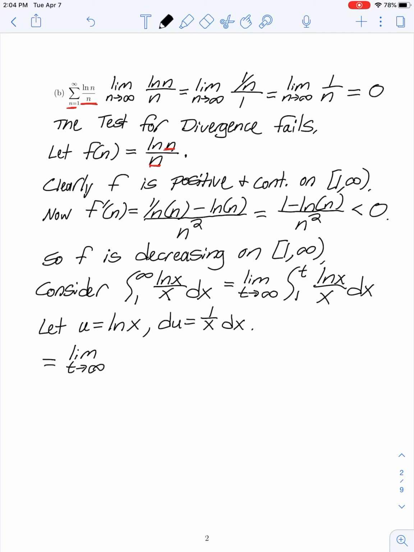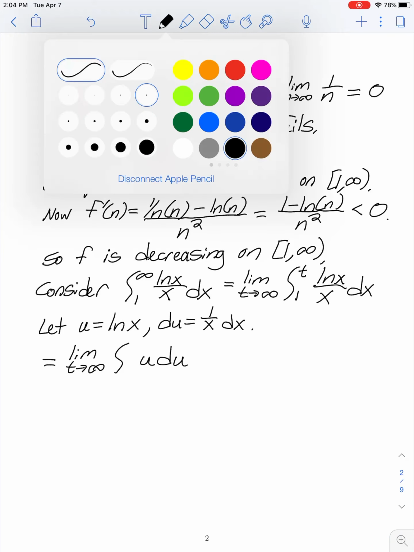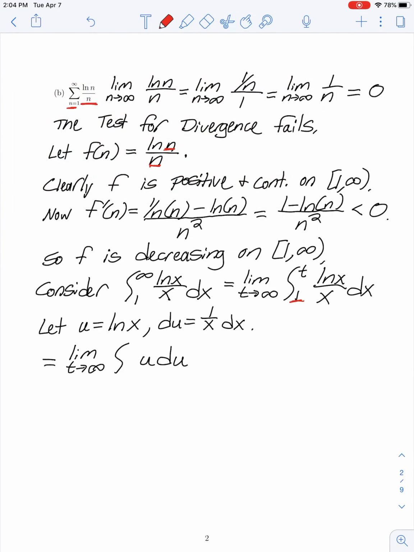We still have the limit as t approaches infinity. Now the antiderivative, or the integral of this function, is given by the integral of u du. And let's change our limits of integration from x values to u values. Our lower limit was x equal 1. So u, which is log of x, would be log of 1, or 0. And our upper limit, if x is equal to t, then u is given by natural log of x, which would be natural log of t.